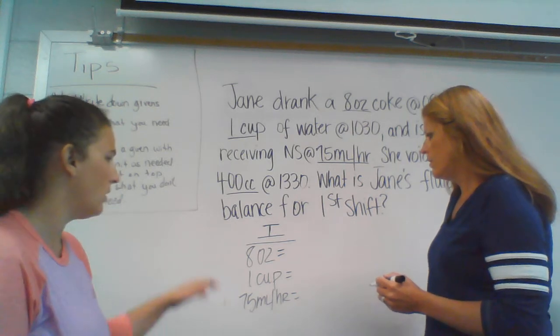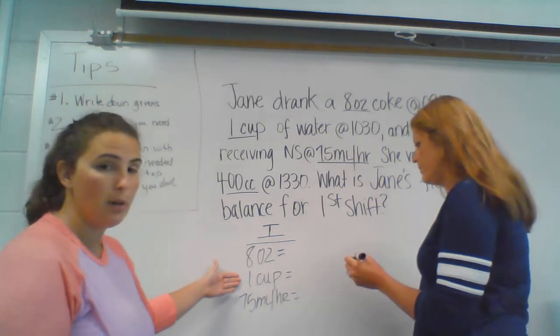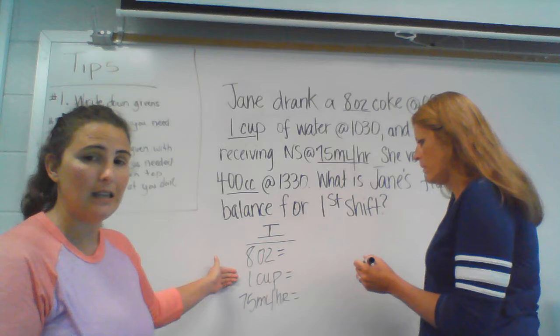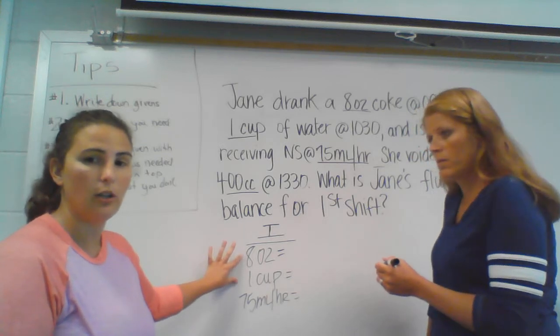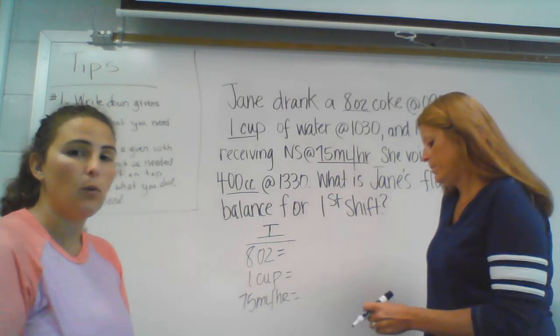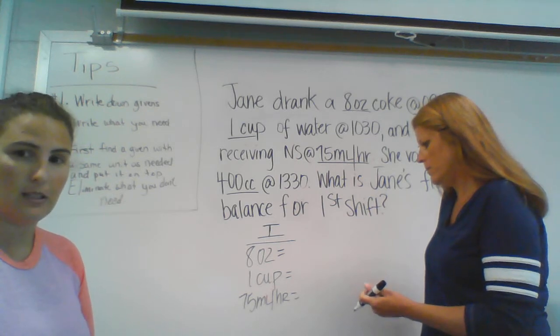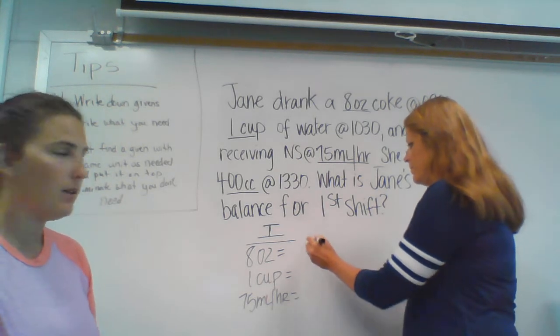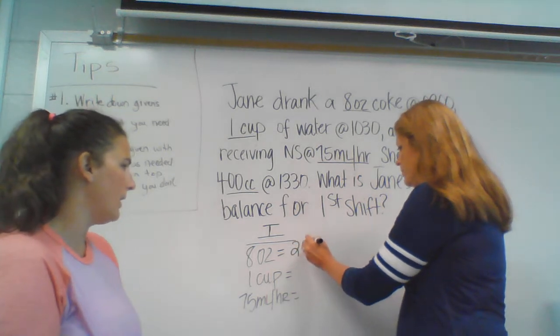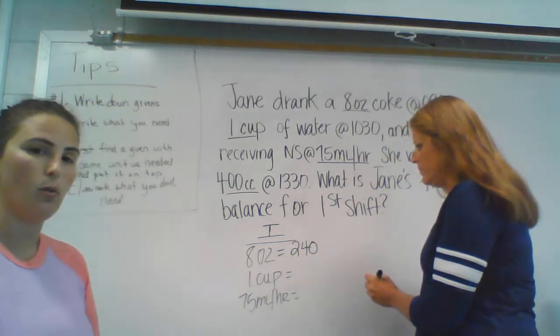So first off, we'll start out, we know that there are 8 ounces in a cup. So these are going to be the exact same. You just have to remember to look at your measurement types. And in 1 ounce, there are 30 mLs or 30 cc's. And that will come out to be 240 because 8 times 30 is 240.